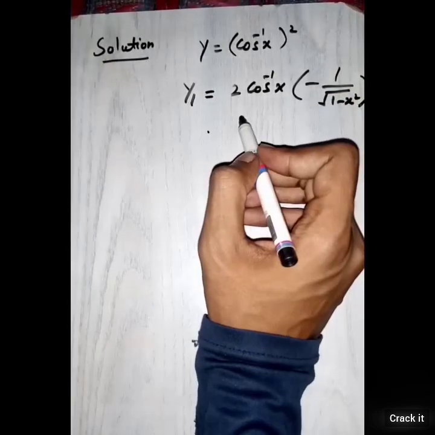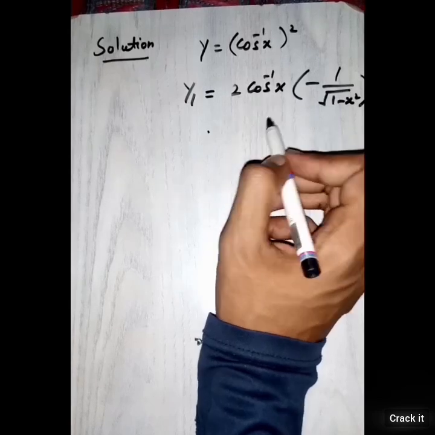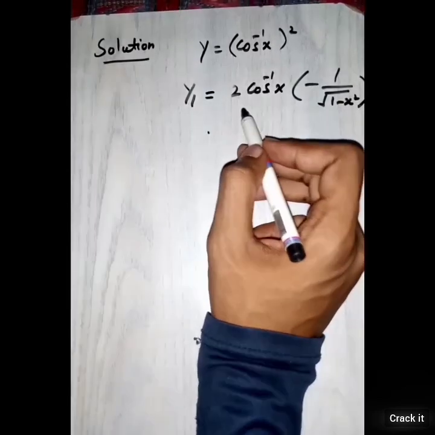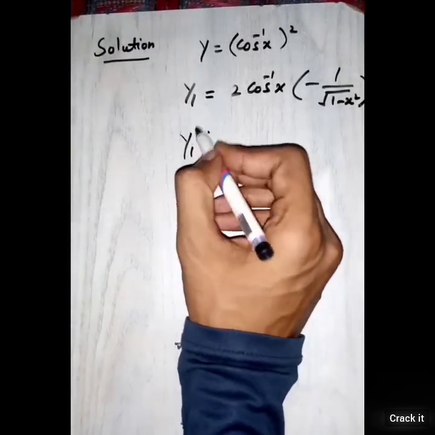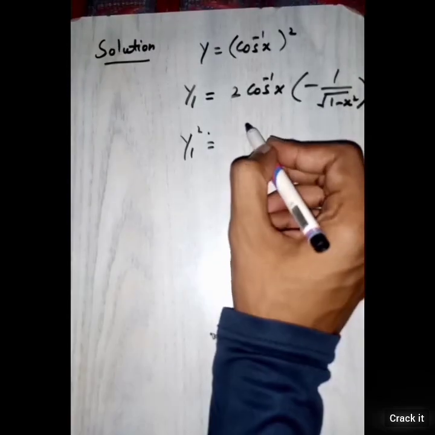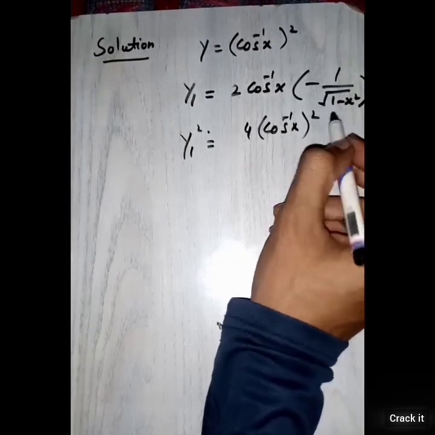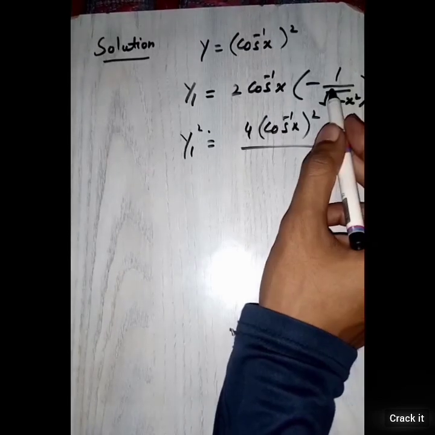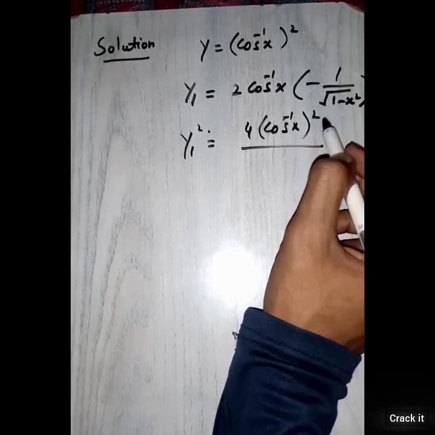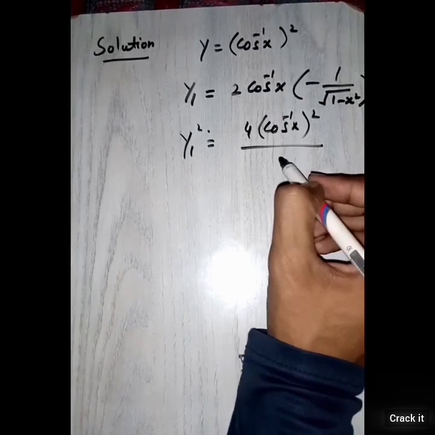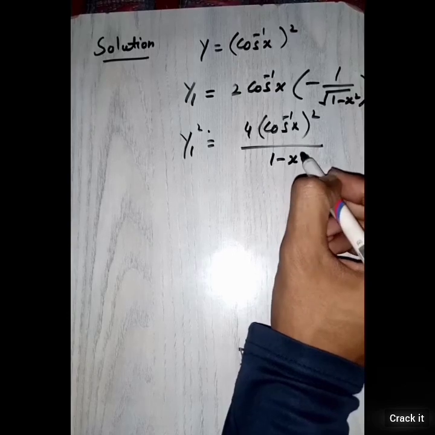So now we will square it on both sides, and this equation will become y1 square equals 4 cos inverse x to the whole square over, this under root will be cancelled out due to squaring on this side of the equation, and it will become 1 minus x square.